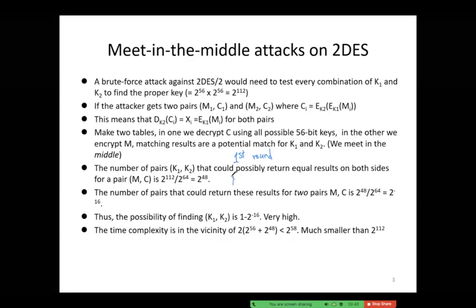So that means N is 2 to the 48, in the previous slide. Then you have this many key pairs. For these key pairs, you apply on the second known plaintext and ciphertext. So this is the second round.